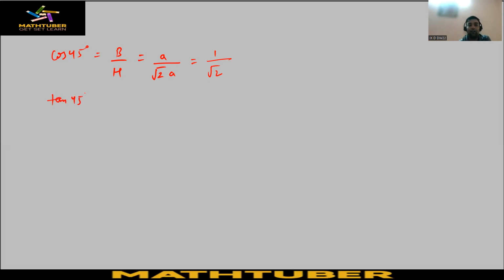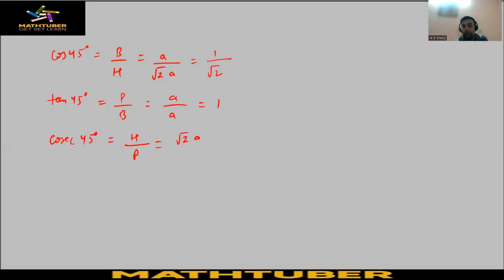And similarly, we can find out the value of tan 45 degree, which is perpendicular upon base, which is equal to A upon A, which is equal to 1. And the other three are the reciprocals of these. For example, cosec 45 degree is the reciprocal of sine 45 degree, that is h upon p.